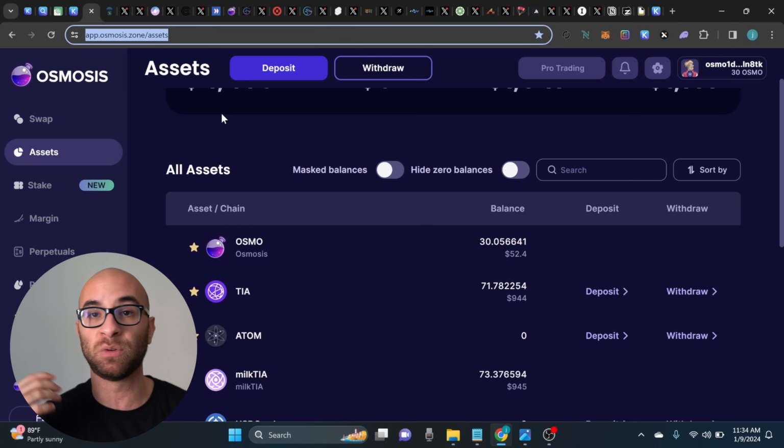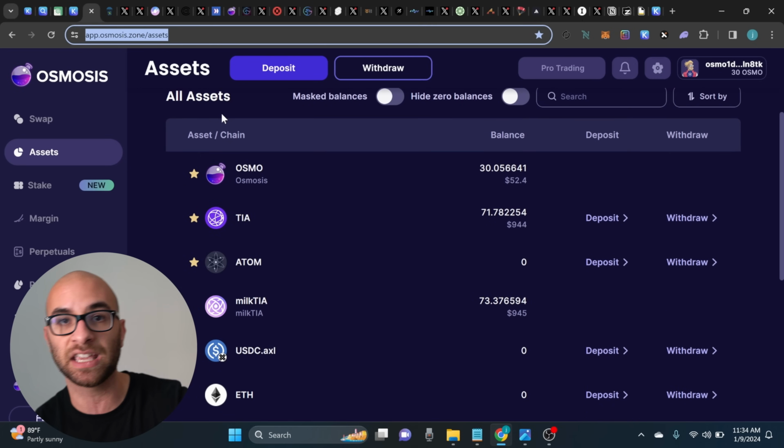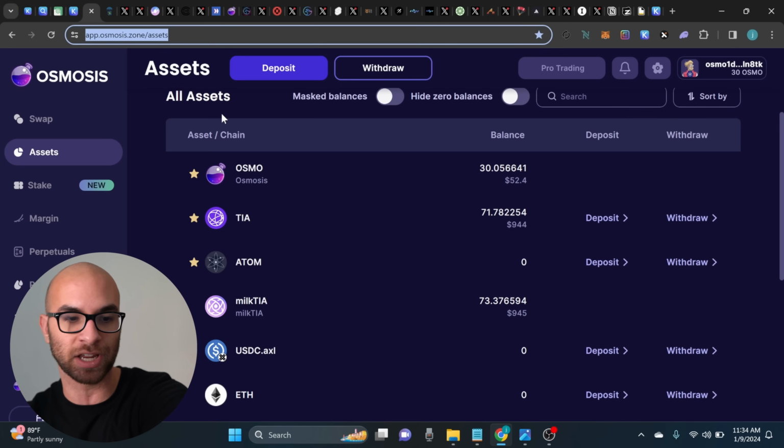And the last thing that I want to bring up, simply because this was something that was looked at with the Celestia airdrop, is how many times you're using the IBC in Cosmos. So what I would recommend doing on a weekly basis, guys, or every few days, is actually depositing and withdrawing these different Cosmos coins into other ecosystems.